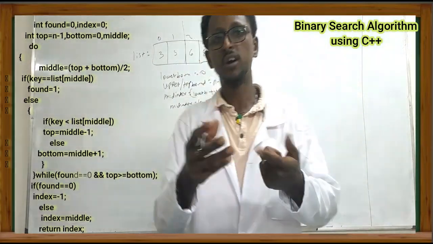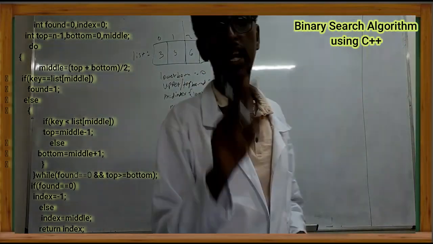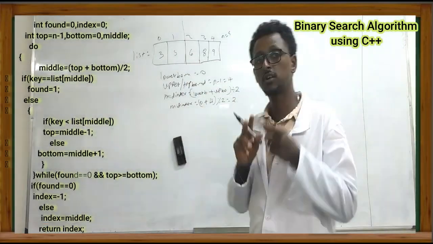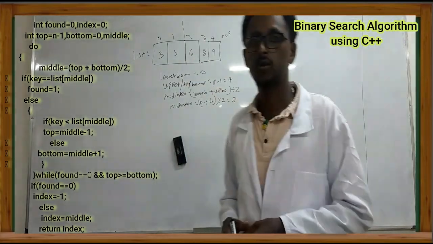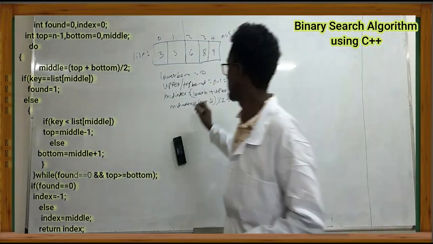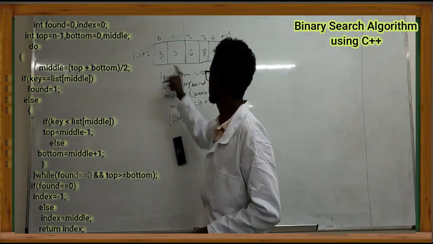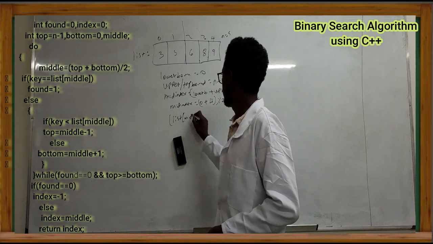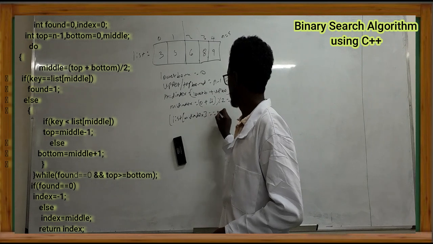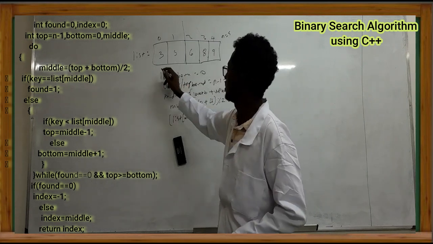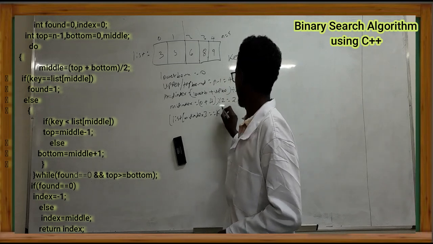Then after we get the middle index of our array, check whether the value at the middle index is equal to our target key that we want to find. So in this case, list of mid index is equal to the required target, which is the key k.